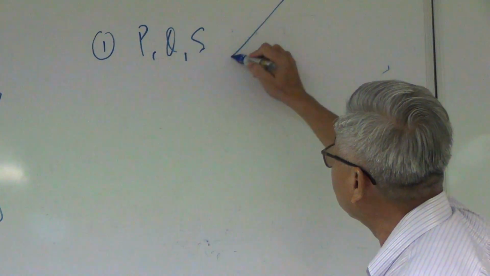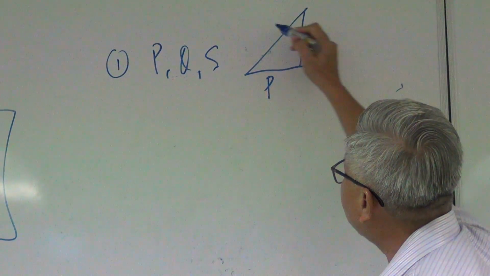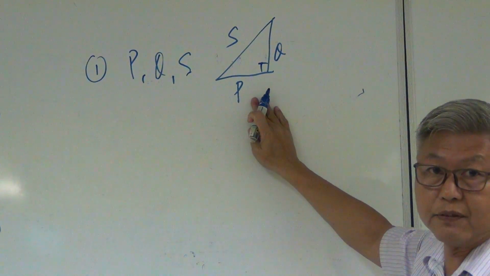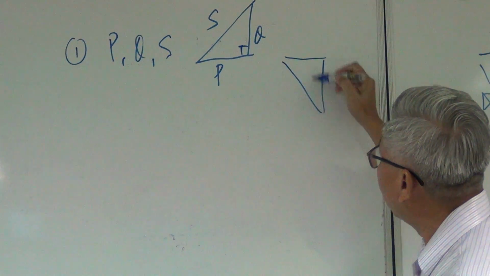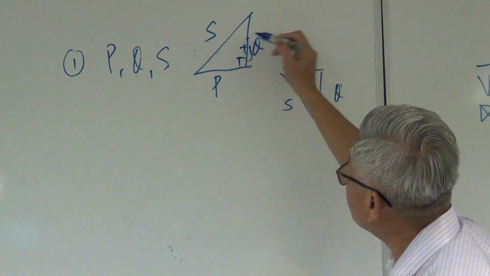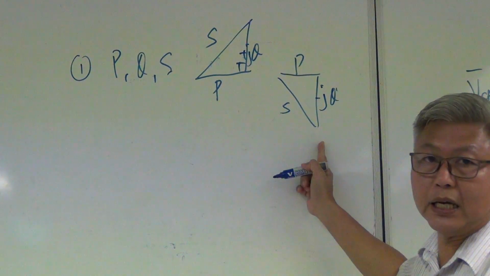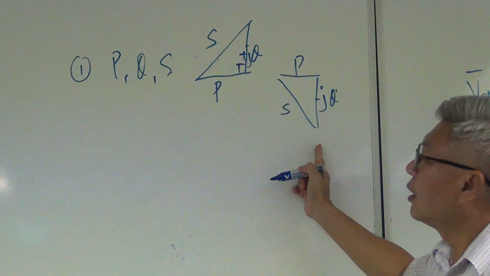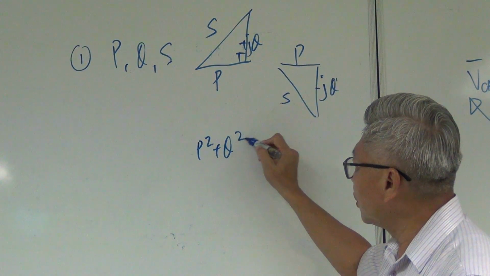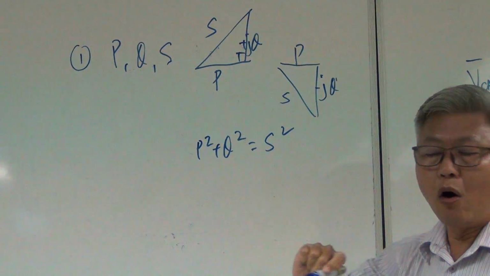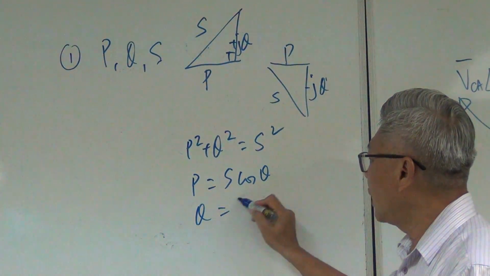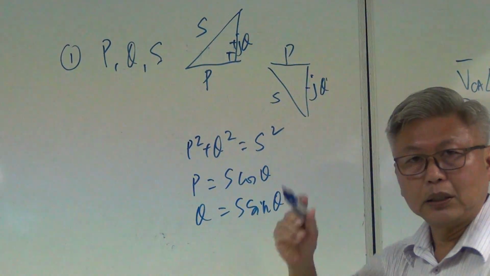And these 3 powers form a right angle triangle: P, Q, and S. If the power triangle points up, because this is the inductive circuit, if the power triangle points down, positive JQ and minus JQ, then this is a capacitive circuit. We also say that because it's a right angle triangle, Pythagoras theorem can be used, right? Or the trigonometry can be used: P equal to S cosine theta, Q equal to S sine theta, right?